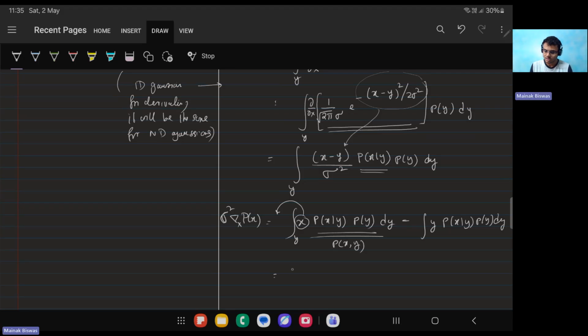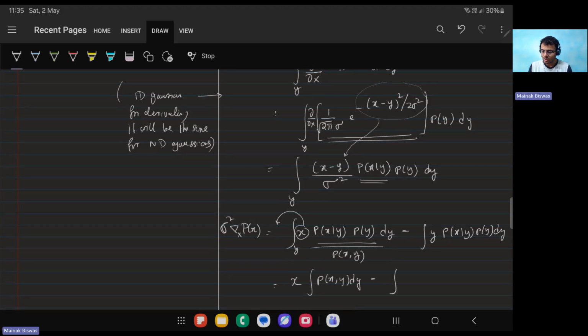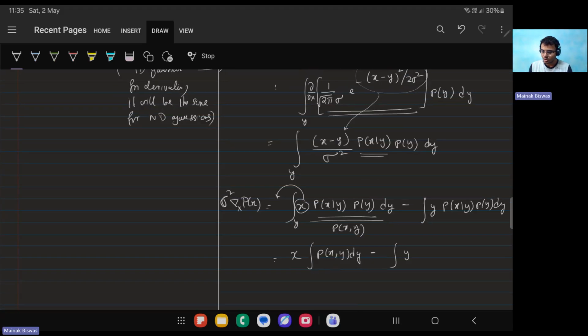So you're going to get x p of, just a moment, let me think about it. That's y given x into p of x. Yes, that is correct. So I can remove x because it's an integral over y, and you will have p of xy dy minus the integral of, I'm just using Bayes rule now.